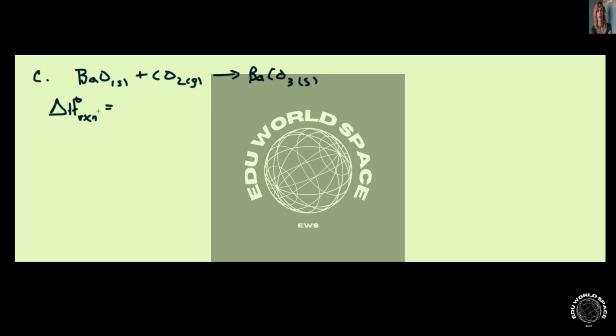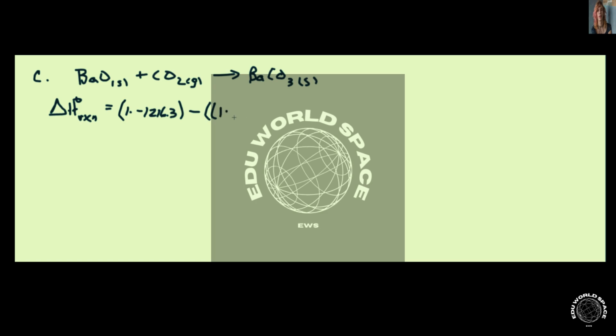Products minus reactants, and in this case we have 1 mole of each of our substances. So we're going to have 1 mole of barium carbonate with its enthalpy of formation as negative 1216.3 kilojoules. We're going to subtract the sum of the 2 reactants. Each is 1 mole.